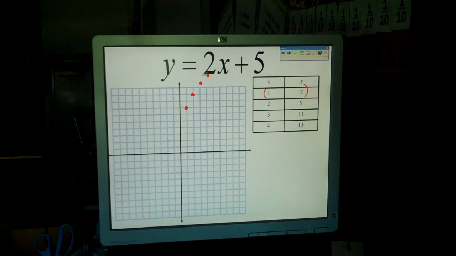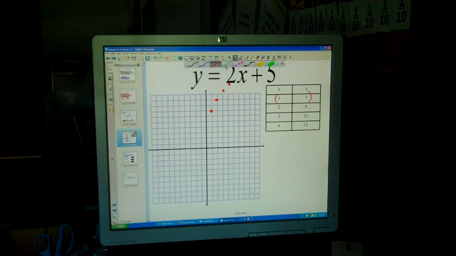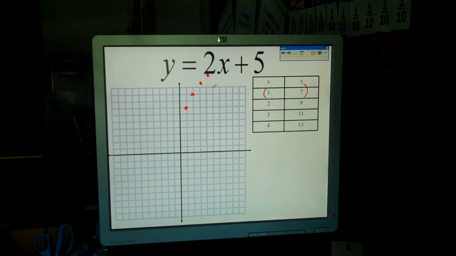In order to determine that this is truly a function, we know it is. It's a linear function. It made a straight line. The rule of a function is it has to pass the vertical line test. So let's get this color. Anywhere that I draw a vertical line, whoops, that's not very straight. A vertical line only hits 1 point. And I keep drawing my vertical lines.